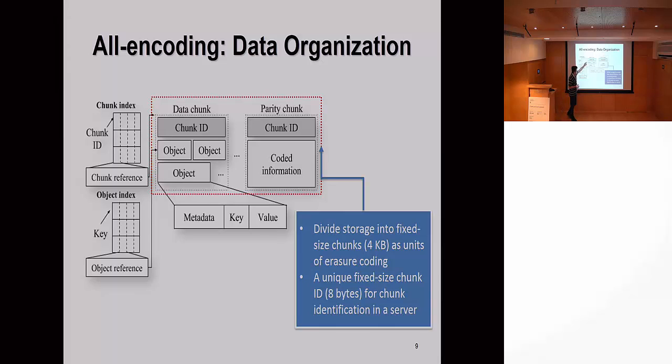Inside the data chunk, we will append the metadata, key, and value as an object to one of the chunks. These chunks will be uniquely identified by a chunk ID, which is 8 bytes long for now, for the chunk identification in the server. I'm going to talk about how we design the chunk ID in a moment, but the thing is, we try to pack everything into a chunk.